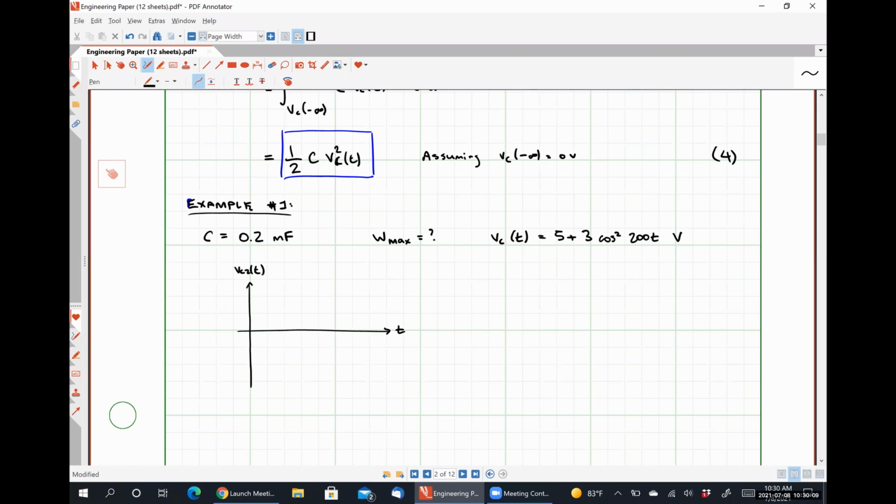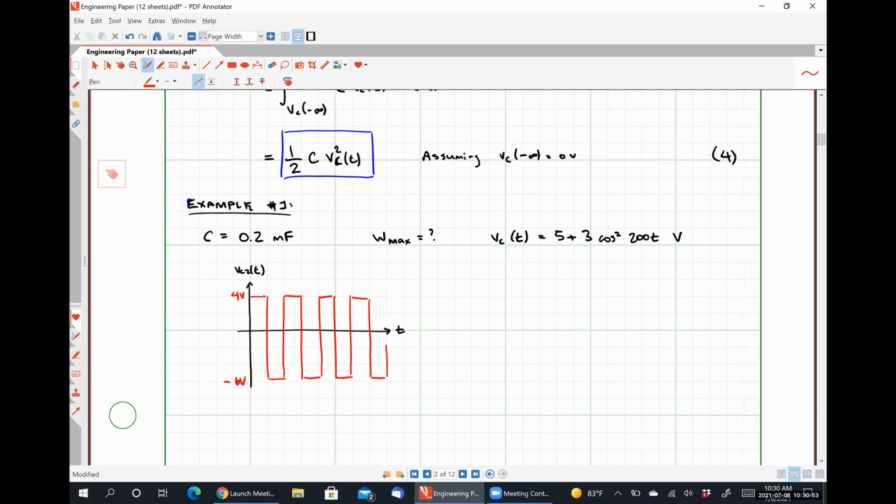This is a different capacitor voltage waveform, and let's say that it looks something like this. We'll find out shortly that it literally can't look like this, but for now, we can pretend. And let's say that this was 4 volts, and this guy down here was -6 volts, right?